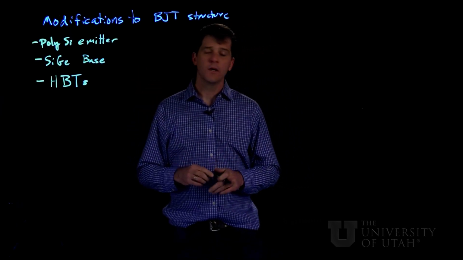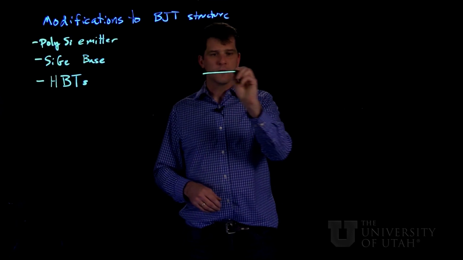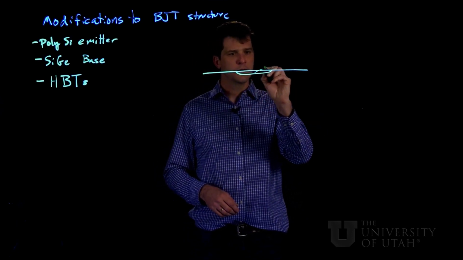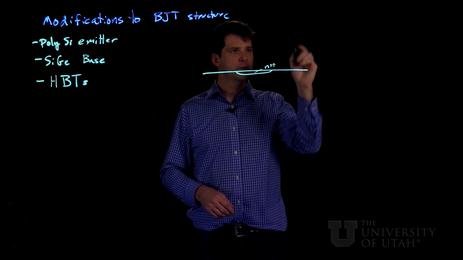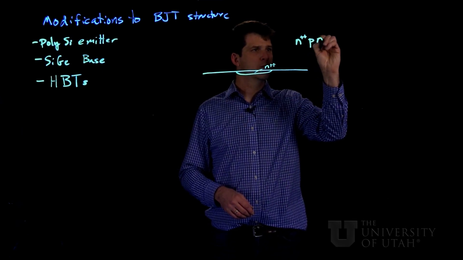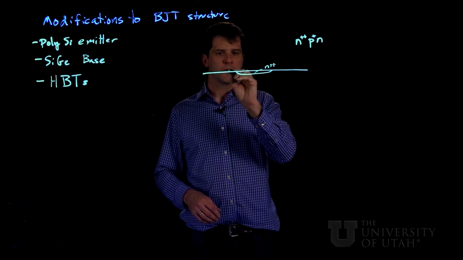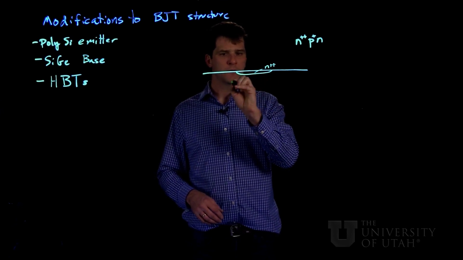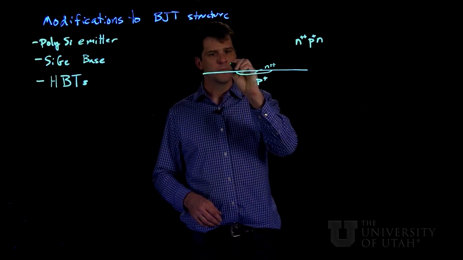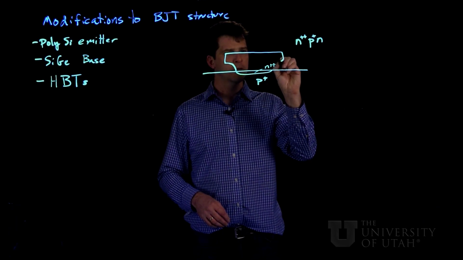So the first one, if we have a single crystalline wafer, the very shallow N++ region, and again we'll assume N++ P plus N. But we add to this very shallow emitter region some polysilicon, so polycrystalline silicon.